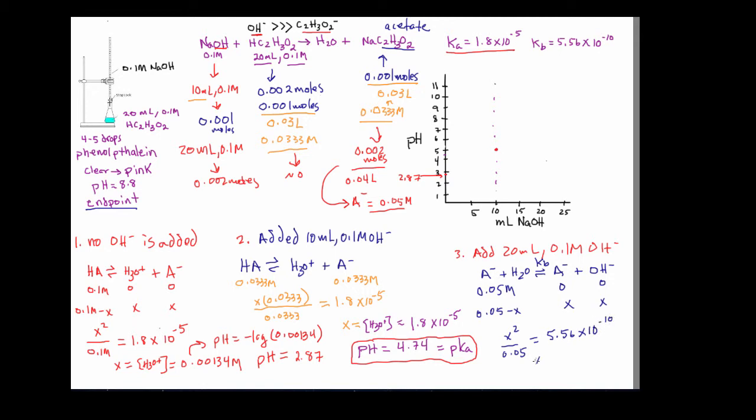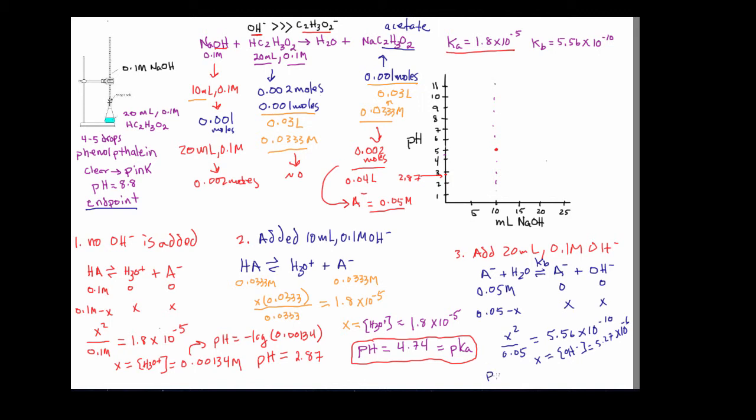So running the math, the X value here, which is my hydroxide concentration, is going to equal 5.27 times 10 to the minus 6 molar.